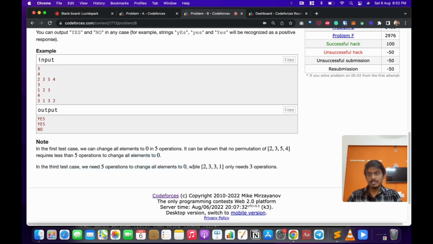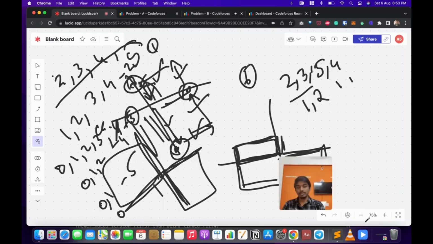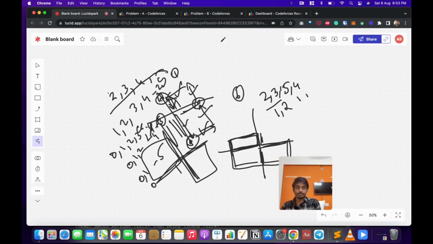Why 5 operations? Oh, okay. Oh, first, 3132. How much is 3132? Let's say 3132. In the first operation, it decreased everything. So 2021.